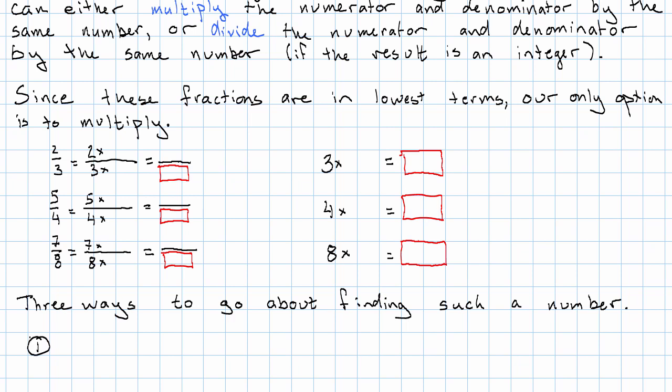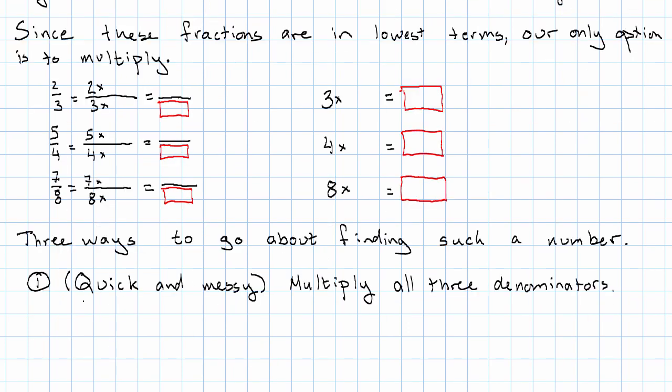The first way, which I'm going to call the quick and messy way, is to simply multiply all 3 denominators together. So we could take 3 times 4 times 8, which is 12 times 8, which is 96. So we can use 96 for our common denominator.